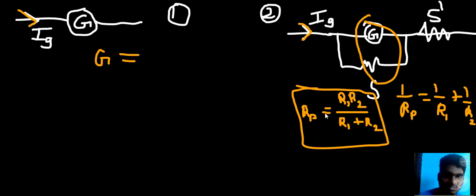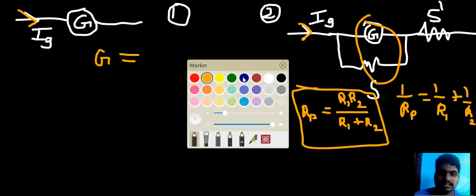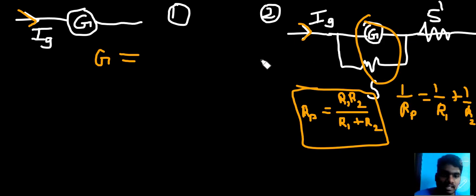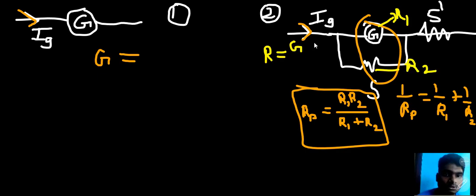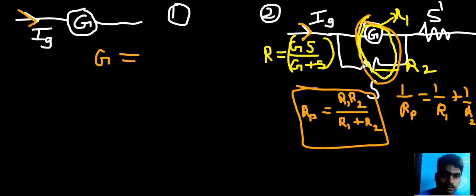So from this we measured this resistance of the parallel, R, where R1 is G and R2 is S. So R is G S by G plus S. Understood? Both join together and form this capital R.